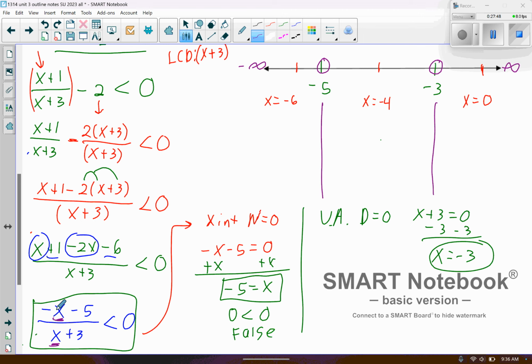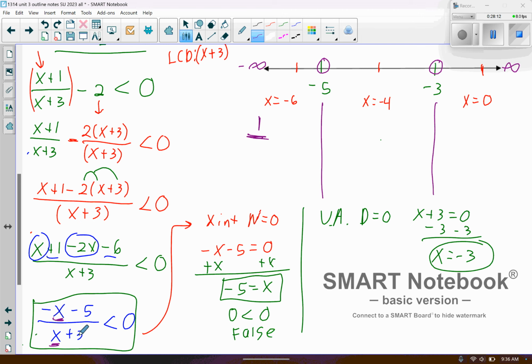So for -6, the double negative will turn that to a +6, then minus 5, which leaves a +1 in the numerator. Negative negative becomes positive, +6 minus 5 is 1.